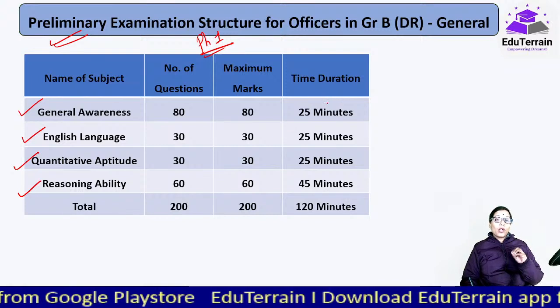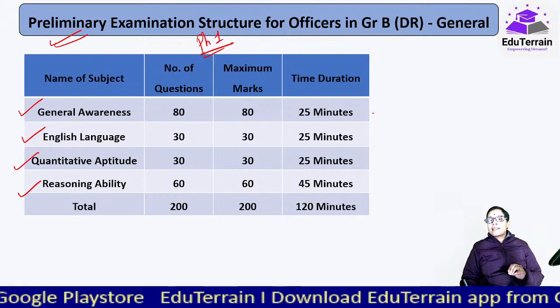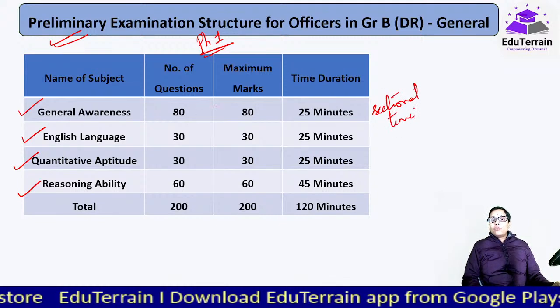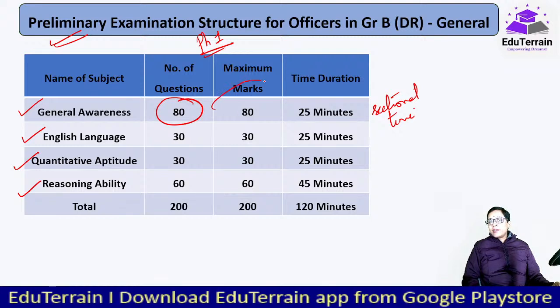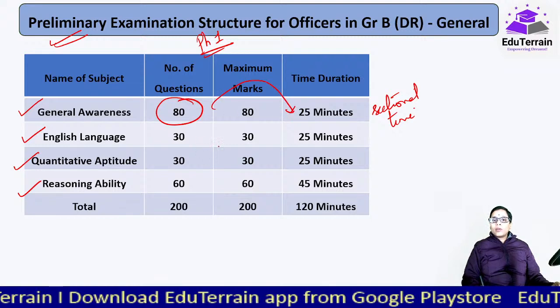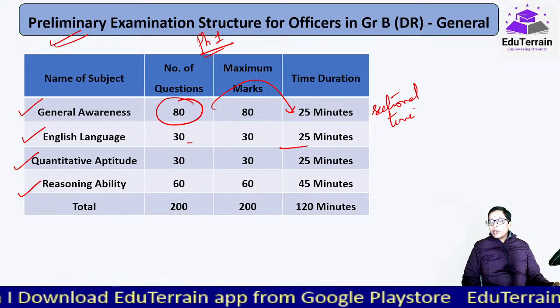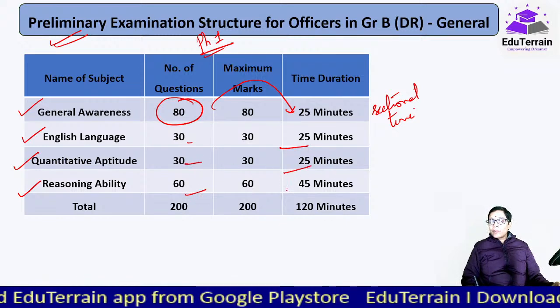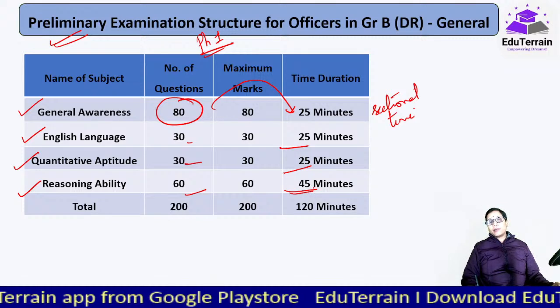But here we don't have composite time, but sectional time, as you can see here. For general awareness, it is 25 minutes. English language, again 25 minutes. Quants, 25 minutes. Reasoning is a little bit lengthy, so you will get 45 minutes here.